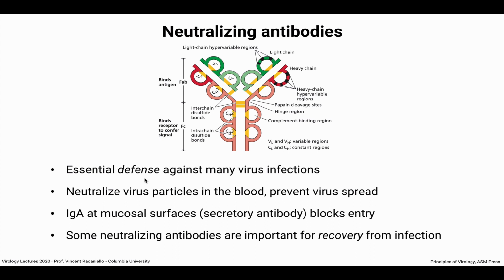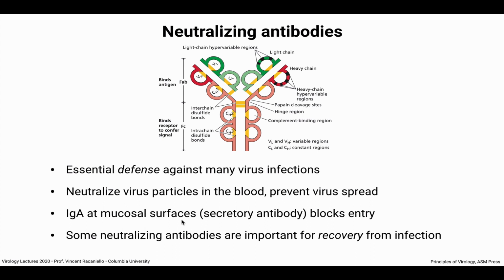They bind to virus particles in the blood or in tissues, mucosal epithelium, wherever, and they prevent spread of the virus. They will prevent infection, and so you block the infection. And at mucosal surfaces, of course, it would be secretory IgA, which has the same effect.